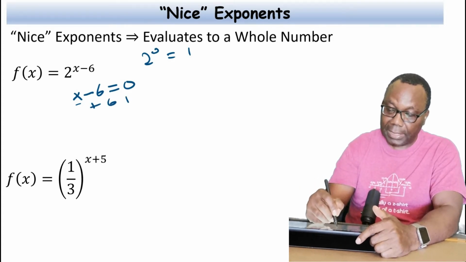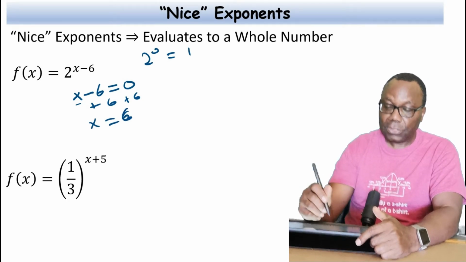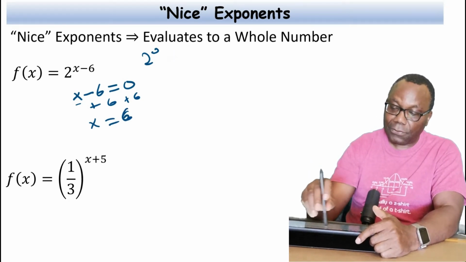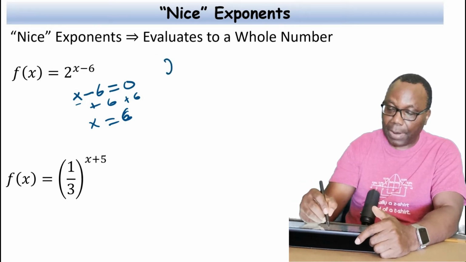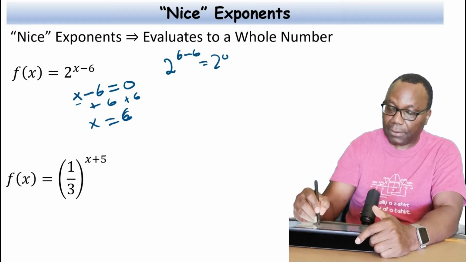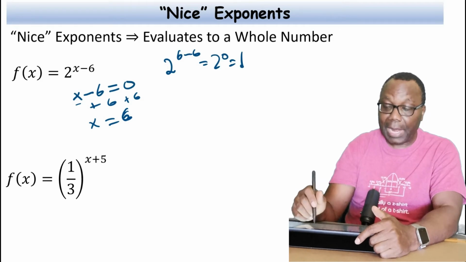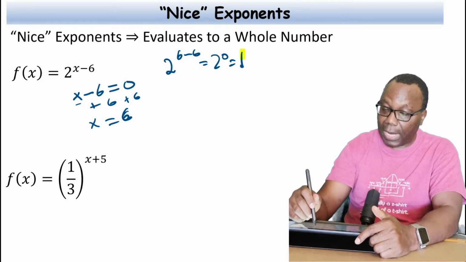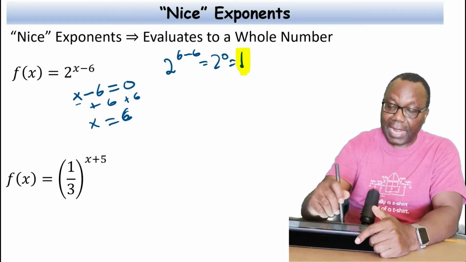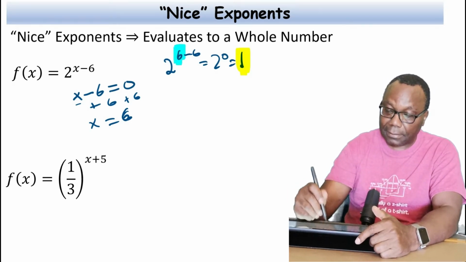Add 6 to both sides. And then x equals 6. So if I now write it as 2 to the power of 6 minus 6, that is 2 to the power of 0, which is 1. Yes, I'm happy because I got 1, a whole number, for output, and my nice input is 6.